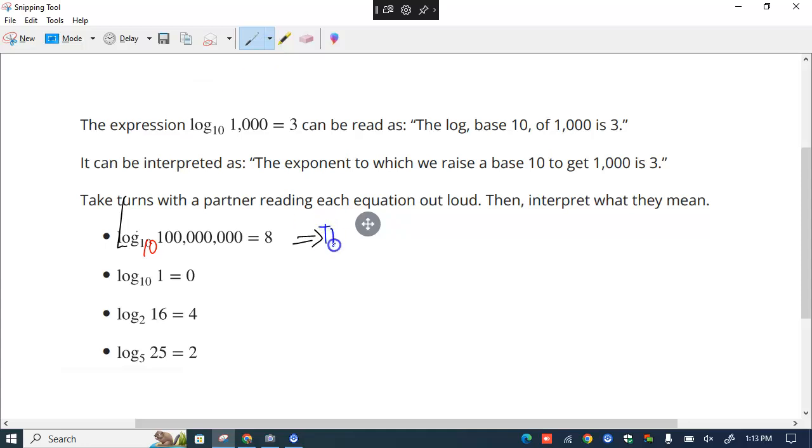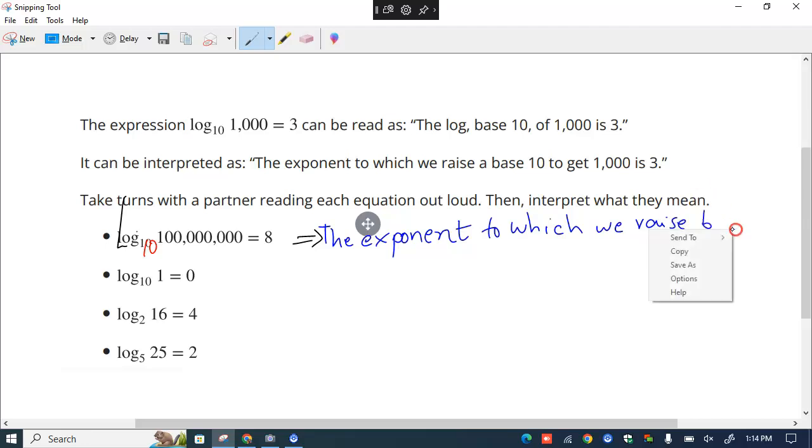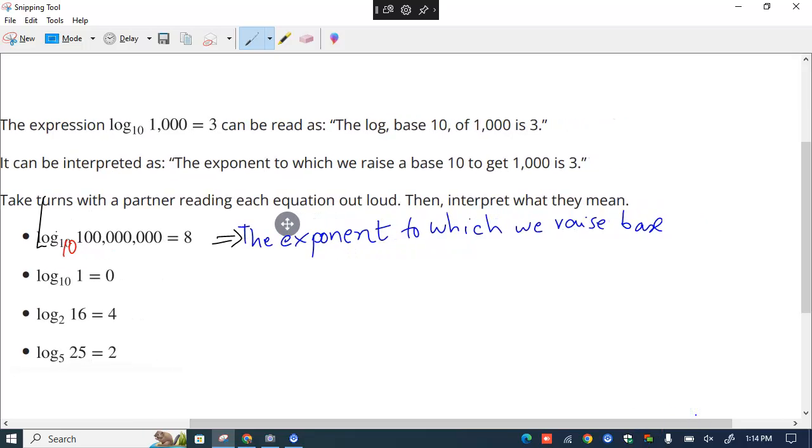Let's write the exponent to which we raise base 10 to get 100 million.